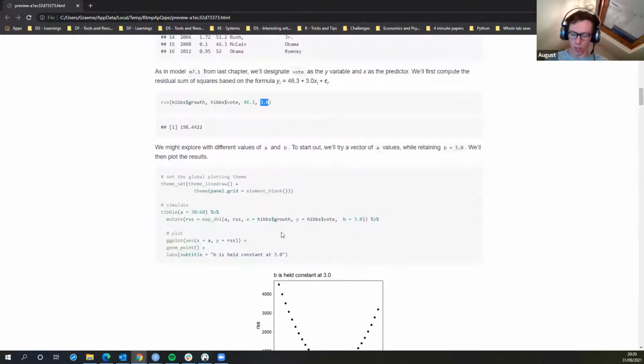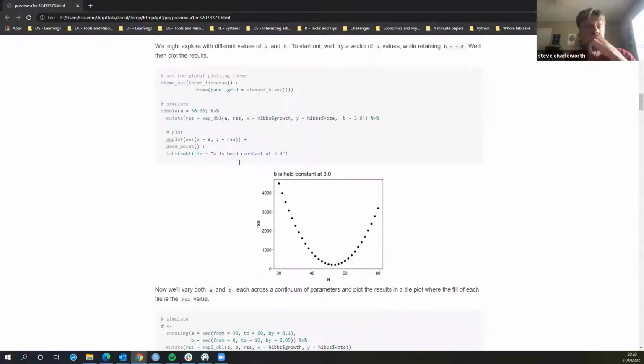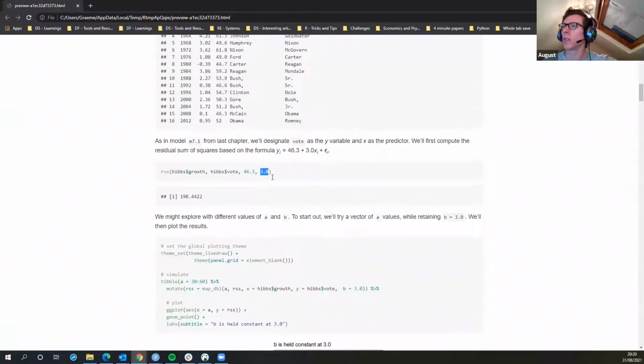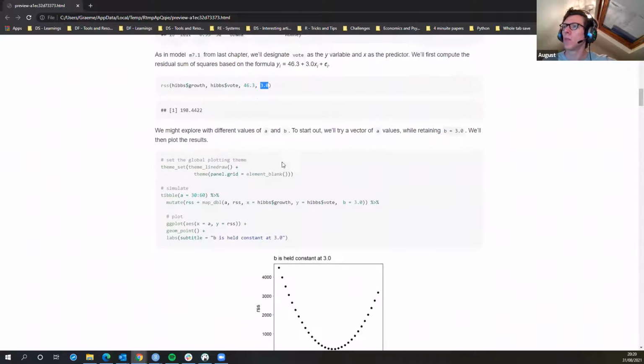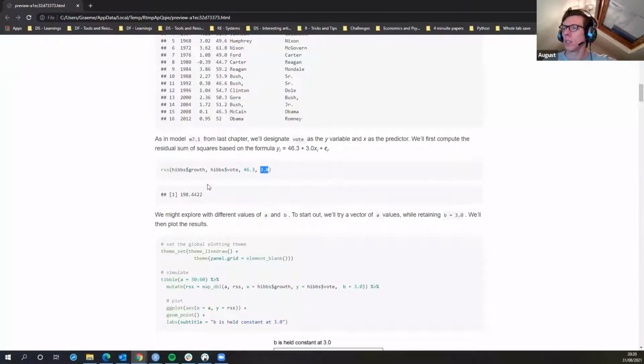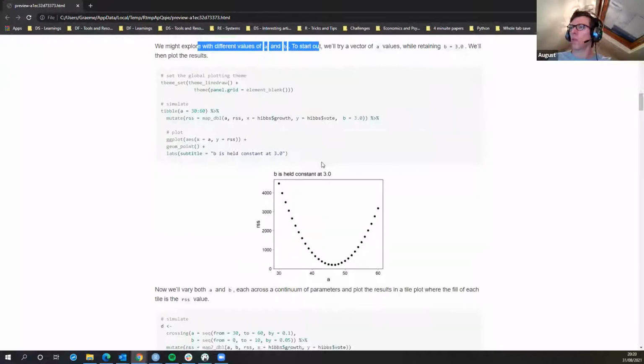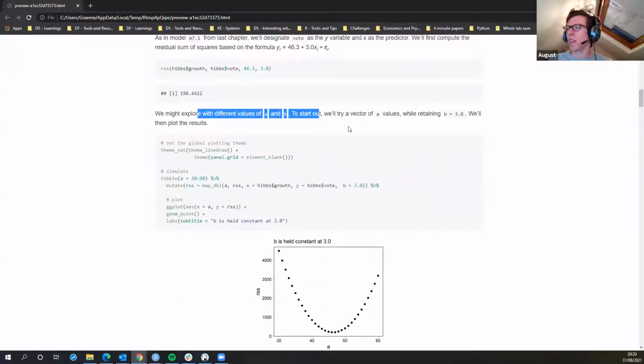Oh yeah, so this part's quite interesting, isn't it? So what happens is as we go along, that's our predicted RSS. We might explore the different values of A and B. Yeah, so what we can do is explore different values of A and B, and we'll see what the RSS is.